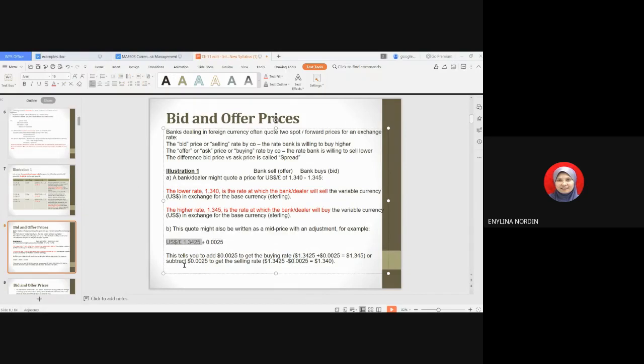So it will be like this. This tells you to add 0.0025 to get the buying rate, because the bank will buy at high rate. That means the range will be between 1.345 and 1.340. How do you get this? This is where 1.3425 you minus 0.0025.